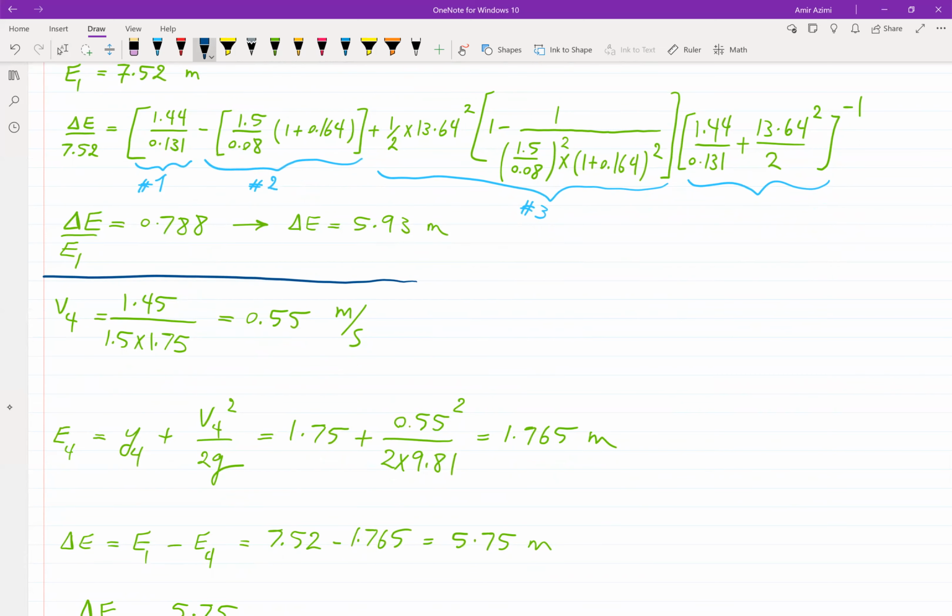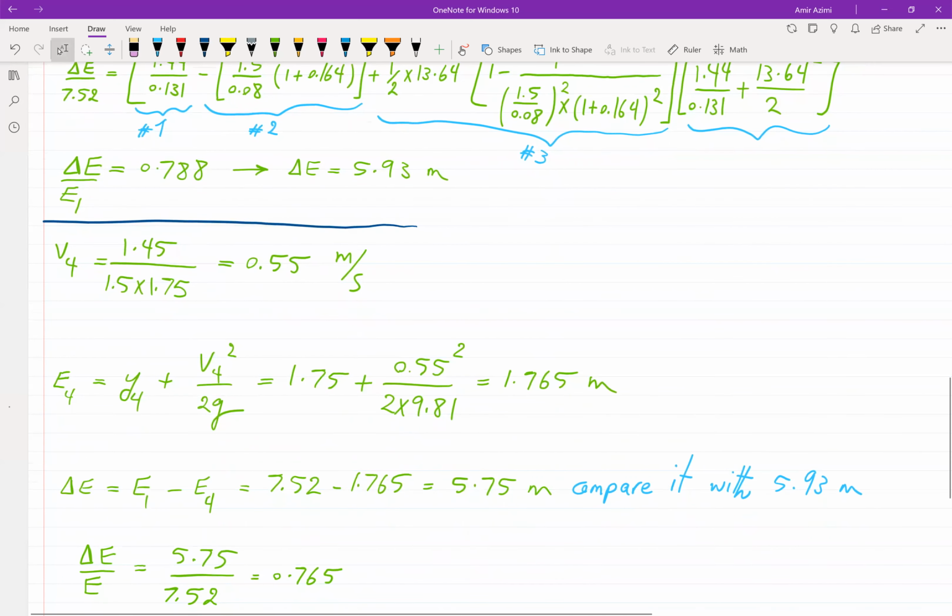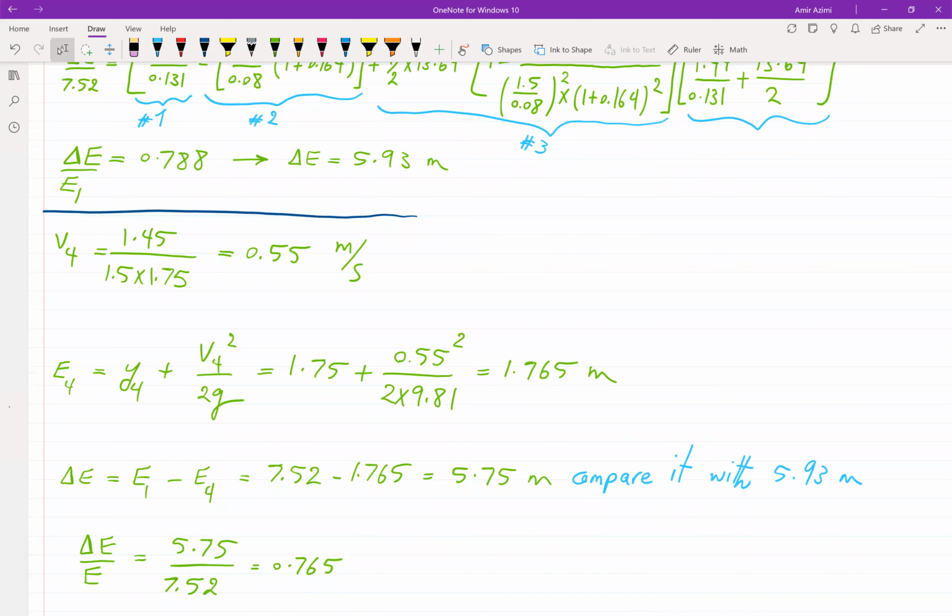You can compare it with 5.93 meter, so they are pretty close to each other. The energy loss ratio will be 79% if you use the equation, or 76.5% if we simply use the energy equation. So they are very close.